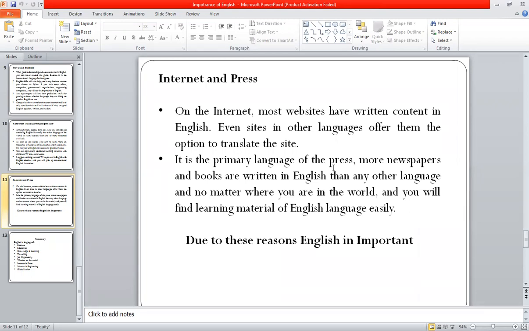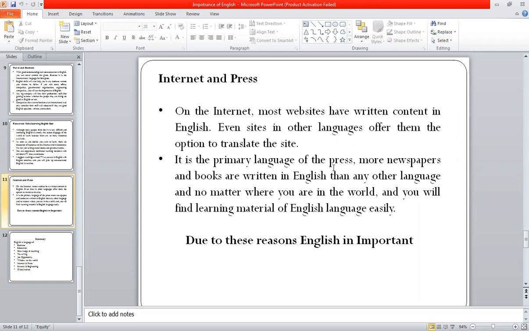You can read other material also, like books, novels, drama books, story books. Novels are also there in English, so you can read them and your language will be enhanced, and your speaking abilities are also enhanced with such practice. Many of the books are written in English rather than any other language.